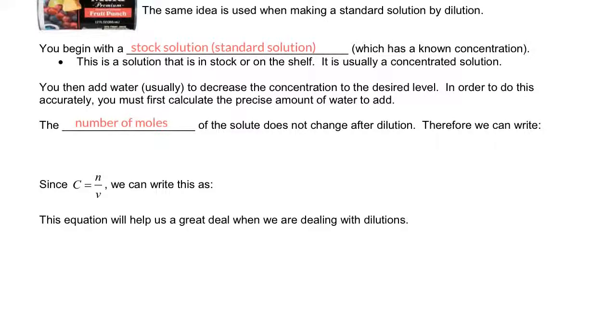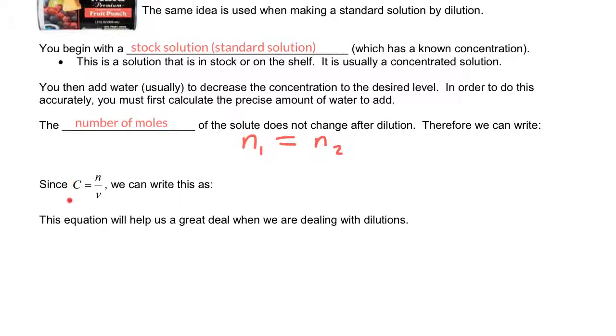So if I take a certain volume of my standard solution and I dilute it, I still have the same number of moles. So I'm going to write that as the number of moles initially is equal to the final number of moles. What I start with is the same as what I end with. Doesn't matter what I change the volume to when I dilute it, the number of moles of my solute is still the same.